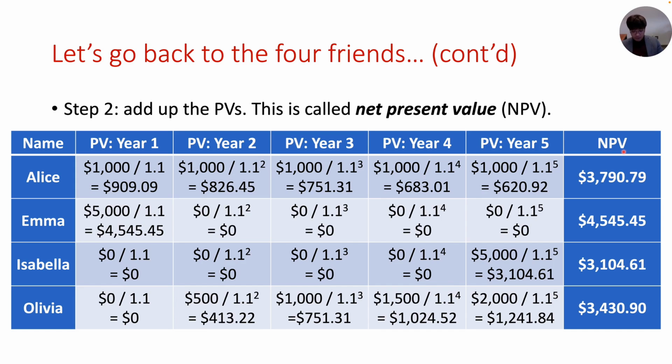The NPV of Emma's transactions is about $4,500, and for Isabella, the NPV is relatively so low, about $3,100, and for Olivier, the NPV is about $3,400.